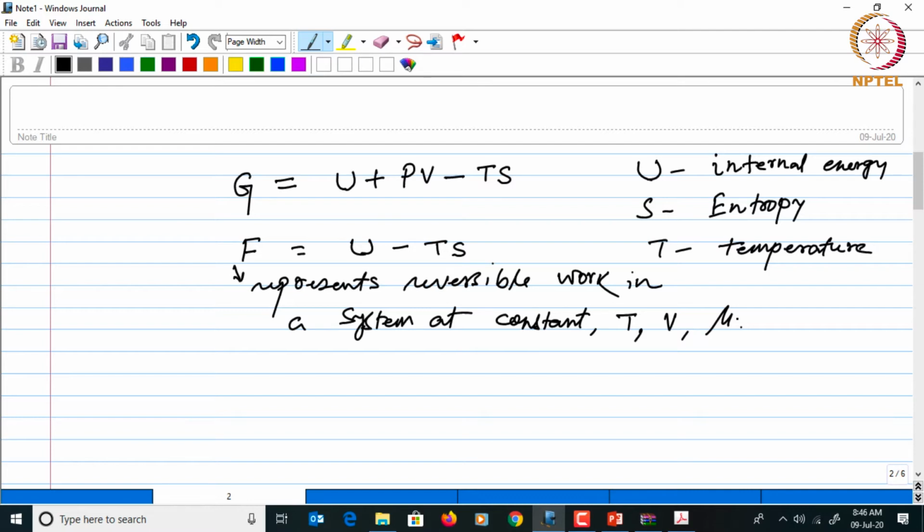Now let us consider a thermodynamic potential which is represented by this omega.